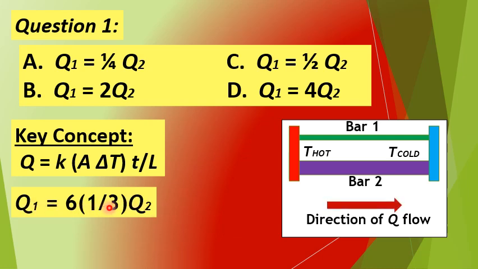So this means that Q1 is twice the value of Q2, because 6 multiplied by 1 over 3 is 2. The amount of energy transferred by bar 1 is just twice the value of heat transferred by bar 2. In short, our answer to question number 1 is option letter B, where Q1 is equal to twice the value of Q2.